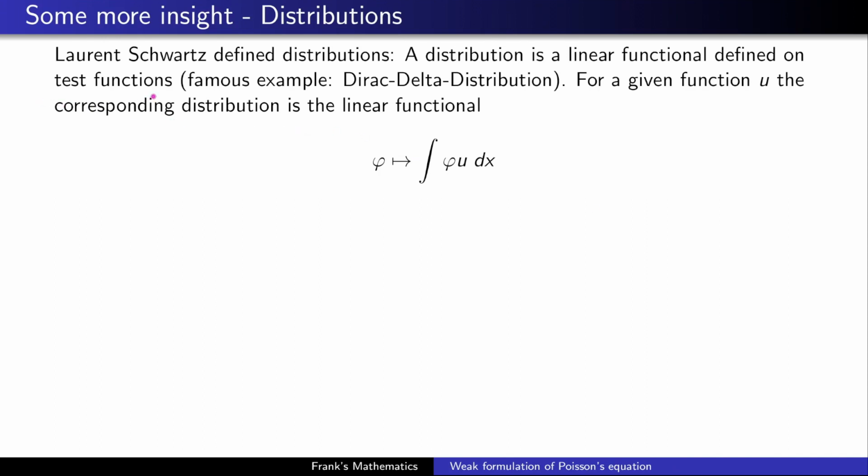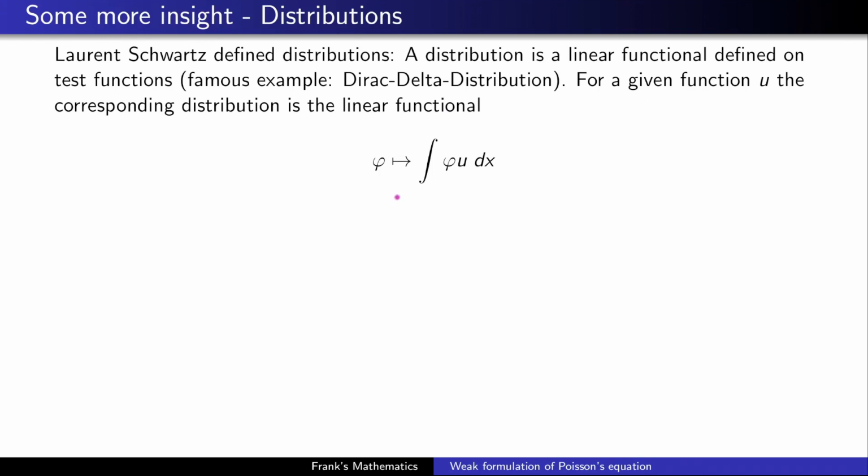And this is why the space C_c is called the space of test functions. For a given function u, the corresponding distribution is just a linear functional where you map a test function phi to the integral of phi times u, integrated over the domain omega. And this is where the multiplication and integration trick comes from.